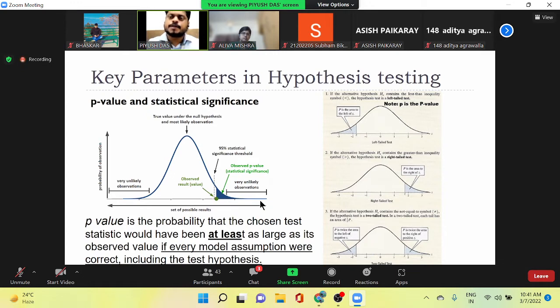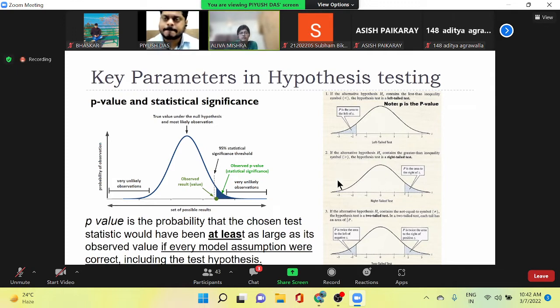If that probability is very high, the null hypothesis is true. If the probability is very low, the null hypothesis is wrong and can be rejected, right? So whenever we do hypothesis testing using this method, we believe our null hypothesis to be true, and we try to find out, if the null hypothesis is true, what is the probability of getting this value.